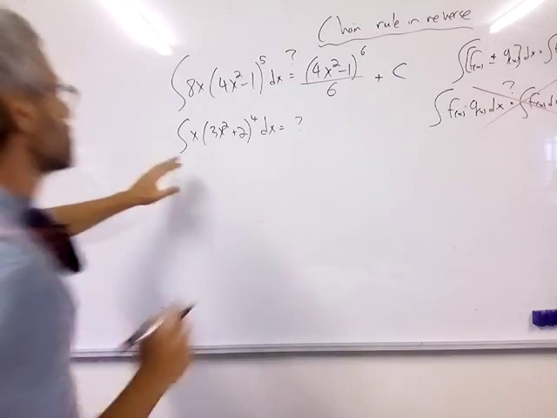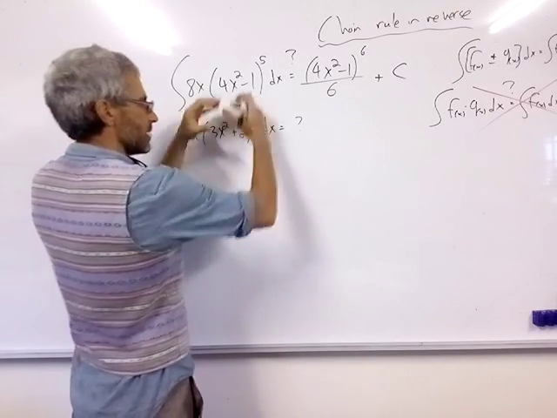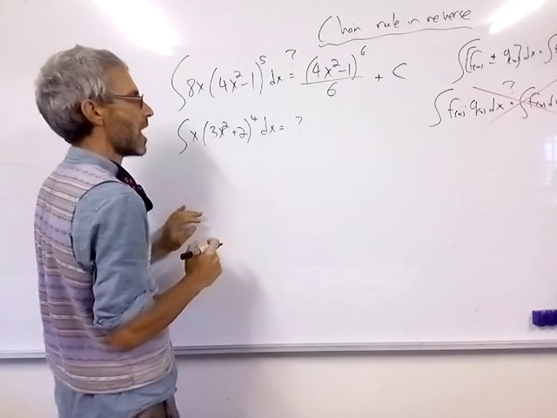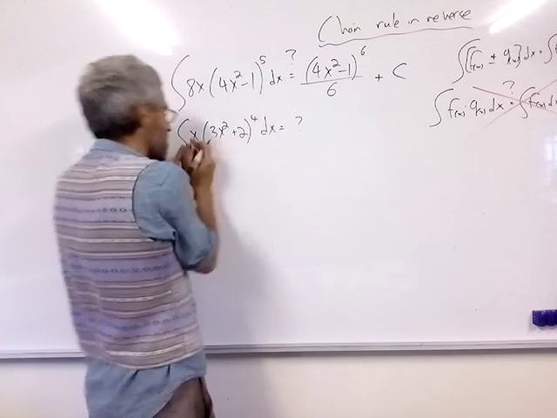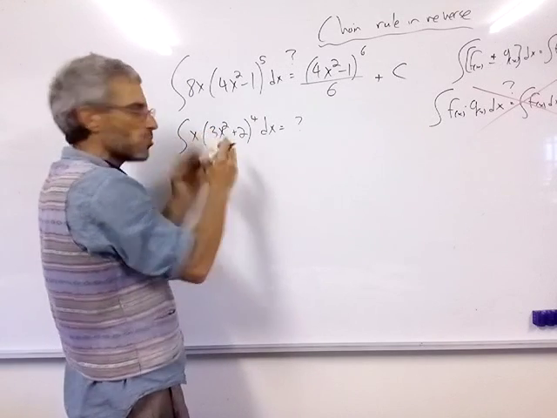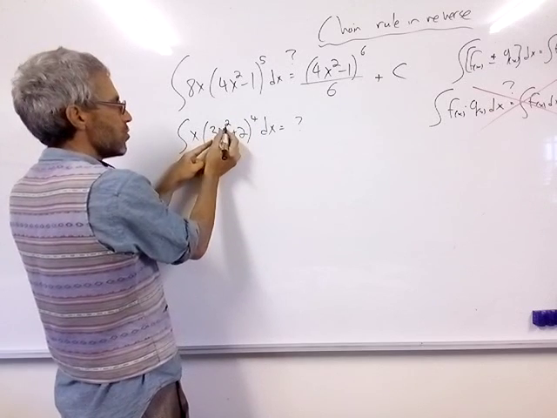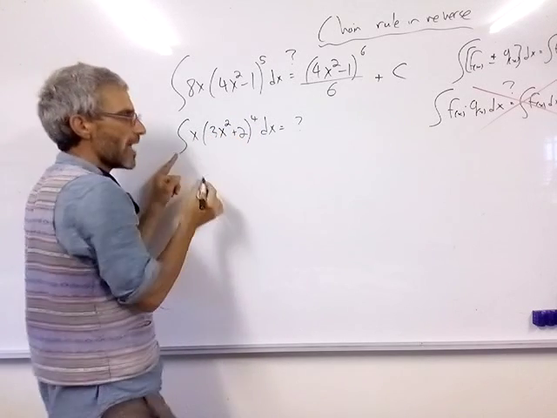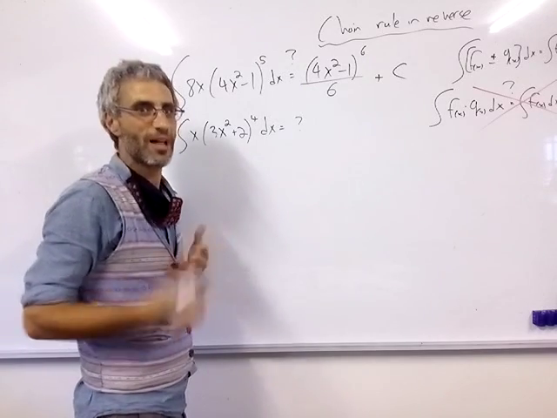Okay, next question. Again, you can see I've got usually a short function times some polynomial with a power. One of them will be the function, the one with the power, and the other one will be the derivative of that. You can see that this is going to be almost the derivative of this. The derivative of 3x squared plus 2 will be 6x. I don't have 6x, but I have x.